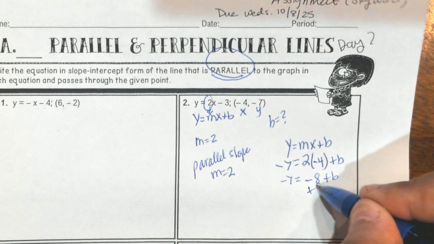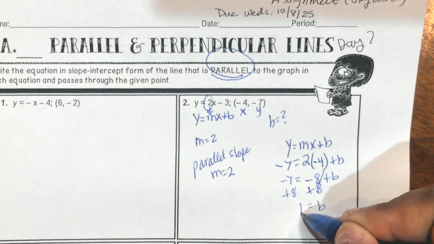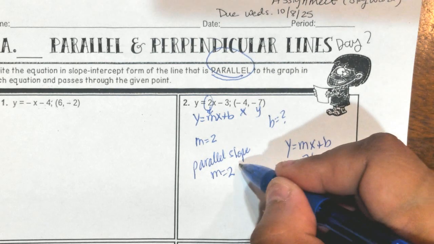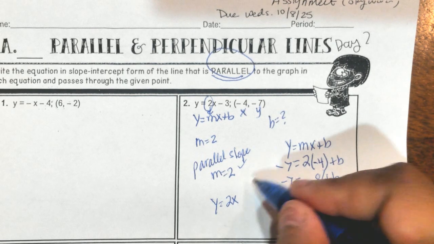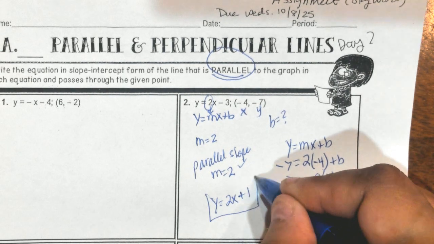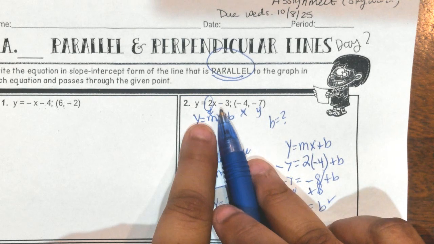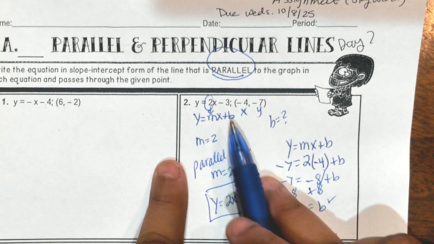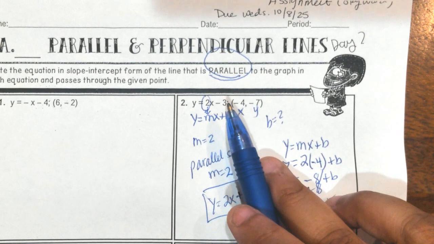You have to add 8 to both sides. B is equal to 1. You got my b, you got my m. Y is equal to 2x plus 1, and you're done. That line is parallel to that line. Same slope, different y-intercepts. My y-intercept here is 1. My y-intercept here is negative 3.